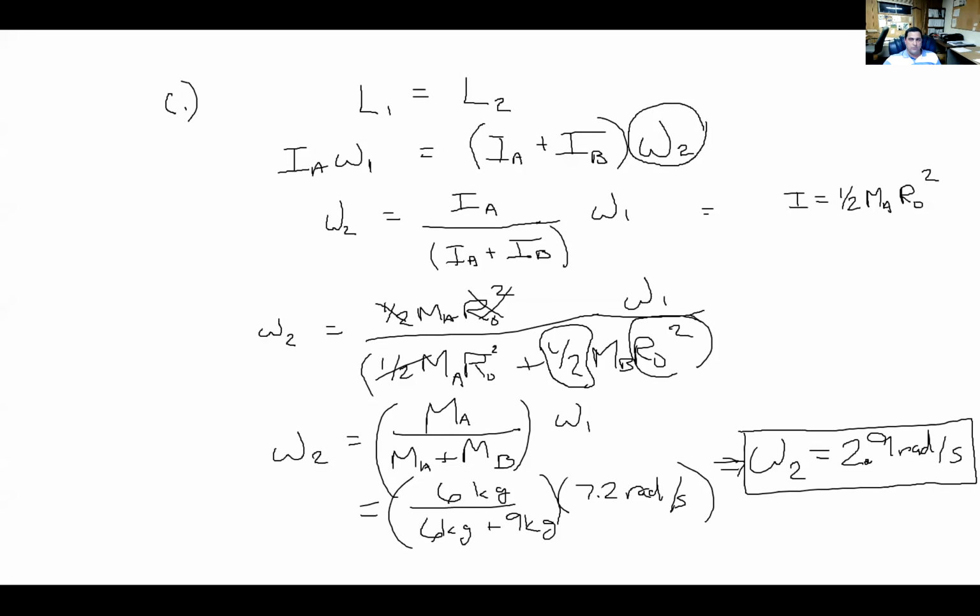I'm going to clear. I'm going to basically end up with what I ended up with before. This is an angular momentum problem. L1 is equal to L2. Moment of inertia of 1 times angular velocity at 1 is equal to moment of inertia 2 times angular velocity at 2.